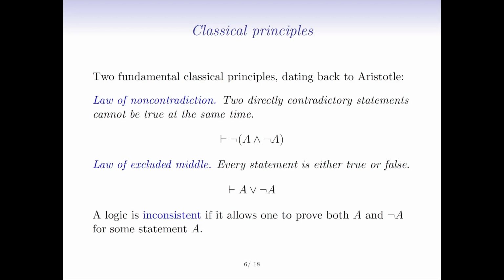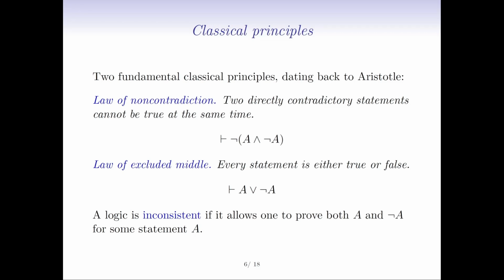Or we could also think about the statement A, which is UK Prime Minister Boris Johnson has exactly 7 children. Now, I would say that probably not very many people know whether that statement is true or false. Perhaps even UK Prime Minister Boris Johnson doesn't know whether it's true or false. But for sure, he either has exactly 7 children or he doesn't, in which case he has fewer or more children than that.